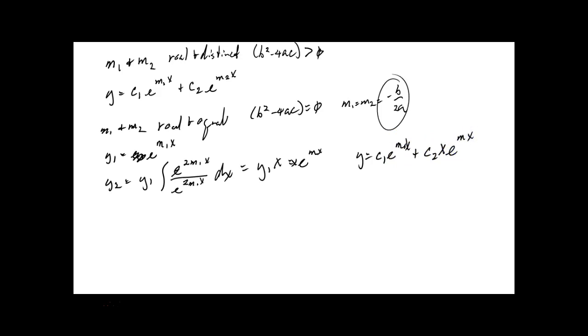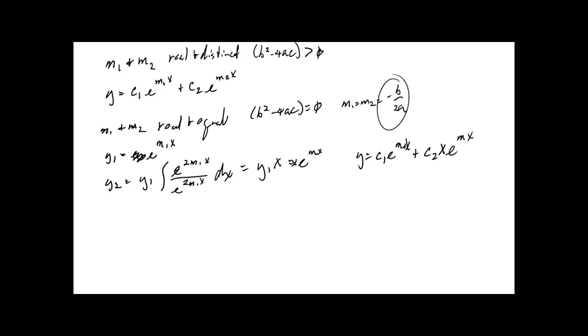That's it. You can put the ones there if you want to, but that is your general solution when the discriminant is 0, the two constants are the same, minus b over 2a, that's then your m. You just put that extra x in between the C2 and the other one. Linearly independent, and they are definitely solutions.